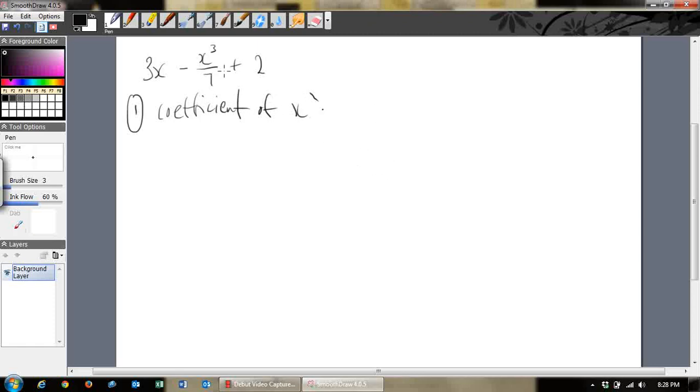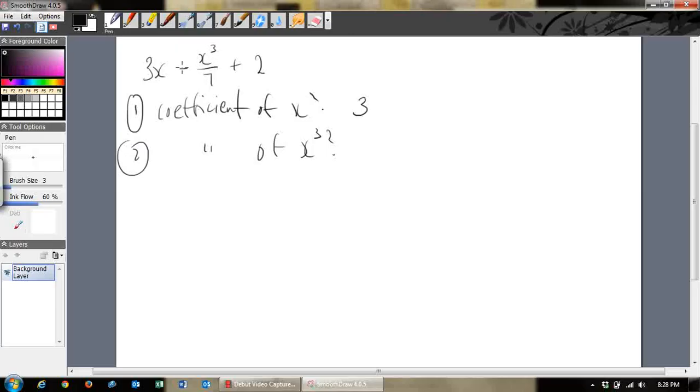The coefficient of x is just the number that's in front of x. We're not talking about the x cubed, we're talking about the x here. It would say x cubed if it was asking for that. So the number in front of x is just 3. Secondly, what if it asks for the coefficient of x cubed? We're looking for the number that's in front of x cubed.